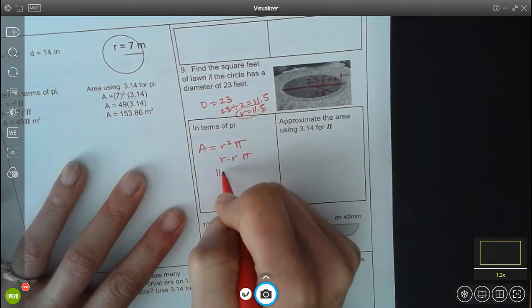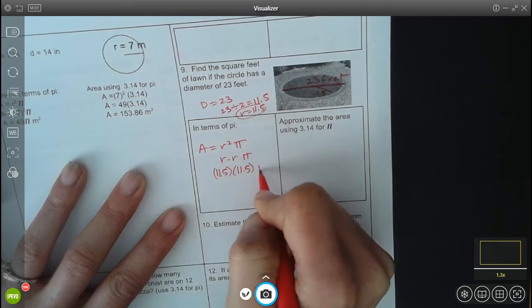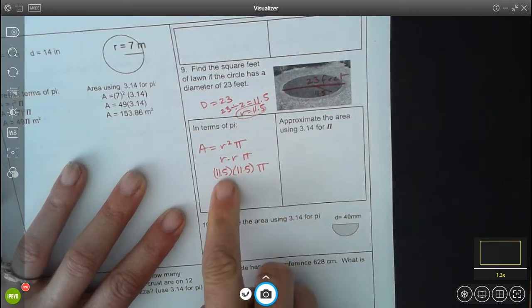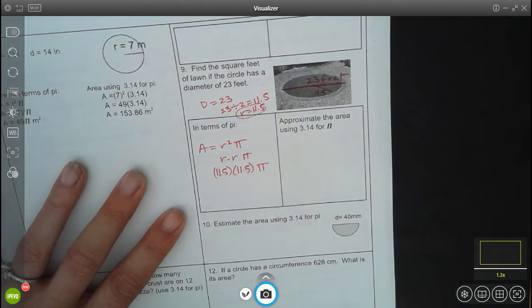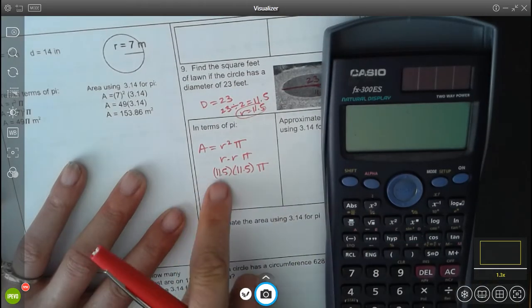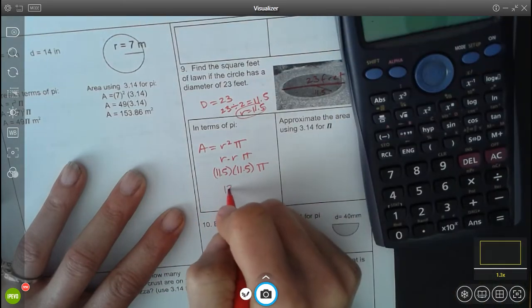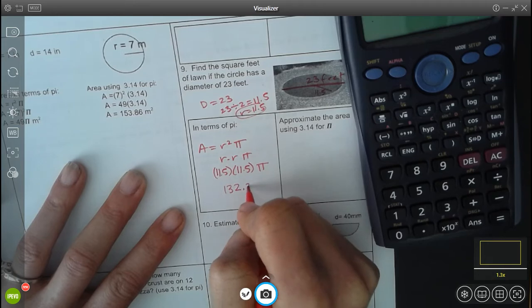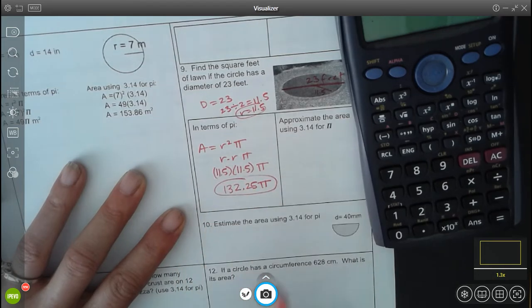So that's the number I plug in for the r, and for the pi. I would multiply this out on a calculator. Get my calculator out and I'd do 11.5 times 11.5. And that would give me 132.25 pi. That's my exact answer.